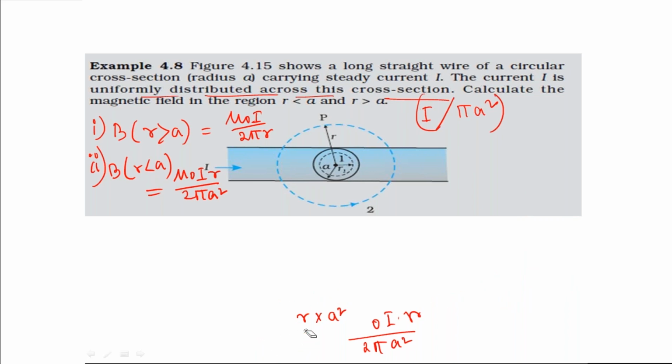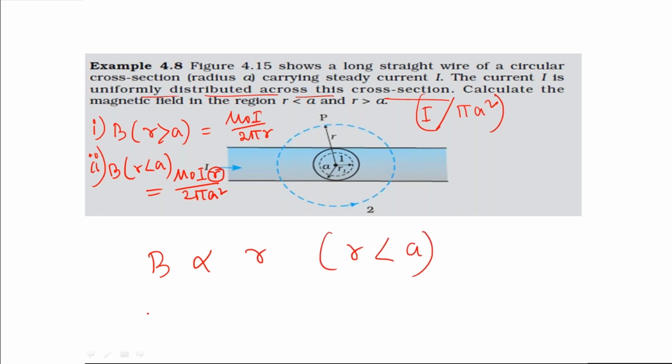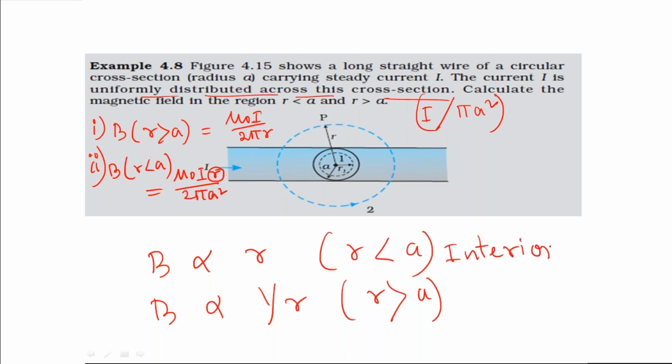But when you consider an interior point, the magnetic field varies directly proportional to r. So for an interior point B is directly proportional to r, and B is inversely proportional to r when you calculate the magnetic field for this wire at an exterior point. So this is interior, and this is exterior point.